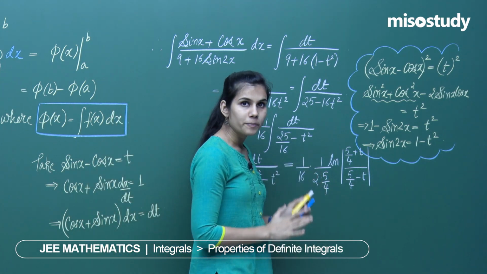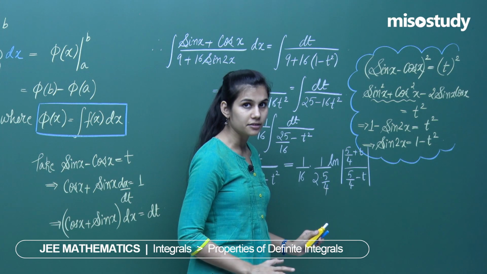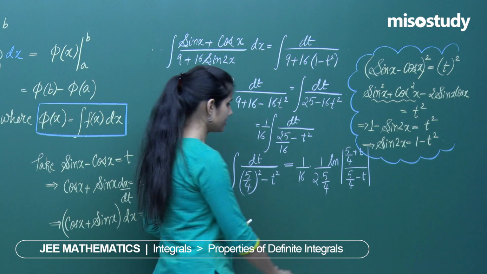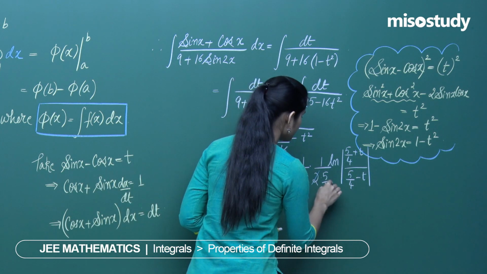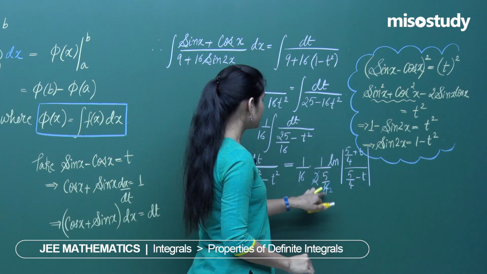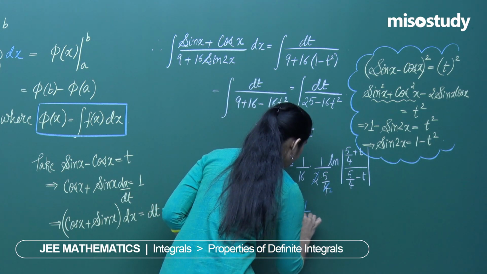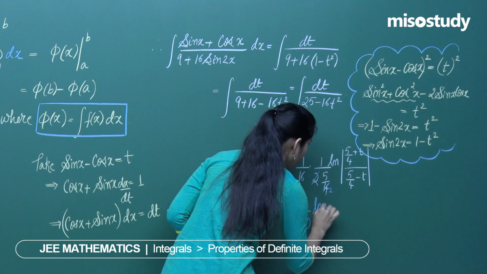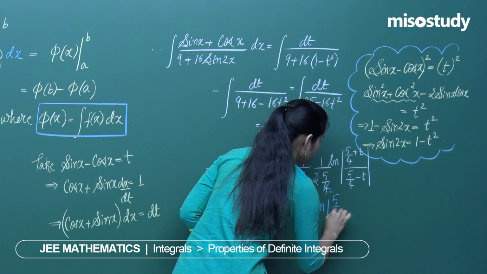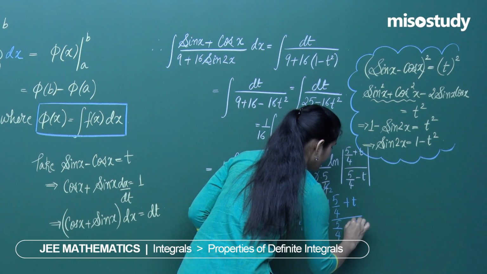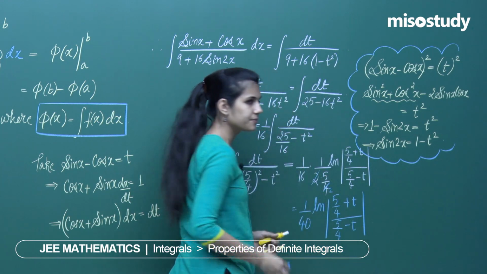Once you have obtained your solution till here, what is the next step? What is this? If I further simplify, you get what? 5 by 2 is written over here, you get 1 by 40 ln of the mod of (5 by 4 plus t) upon (5 by 4 minus t).